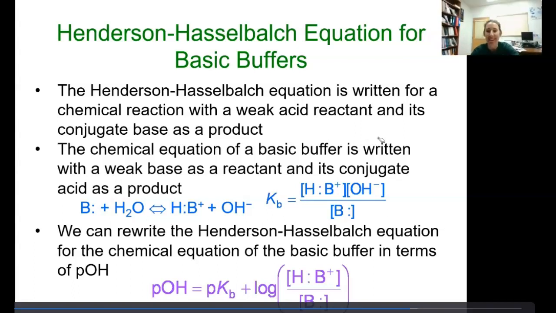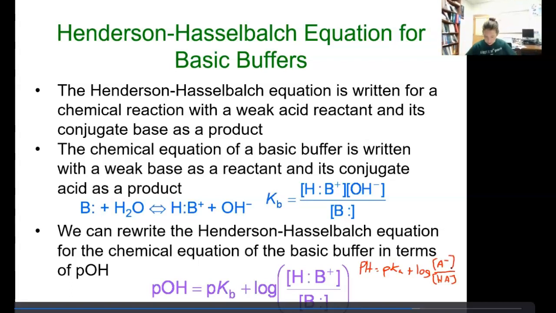Okay, so the regular Henderson-Hasselbalch is just pH equals pKa plus log of, let's see if I can write this nice enough, A minus over HA. There.